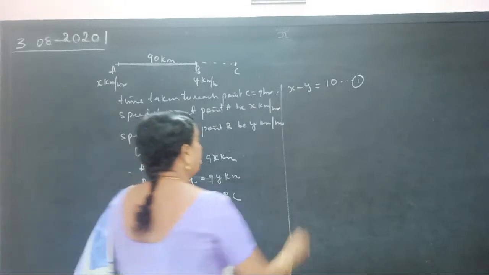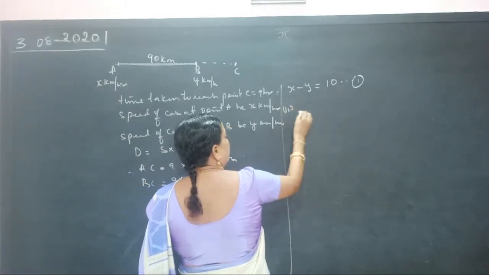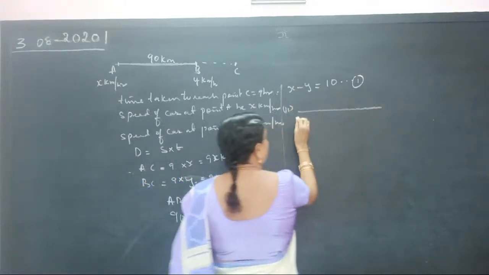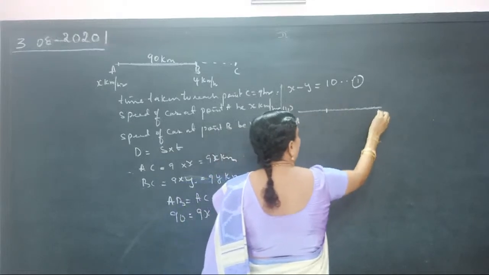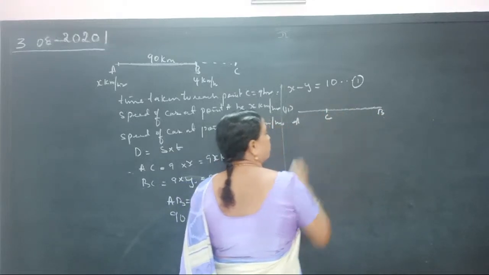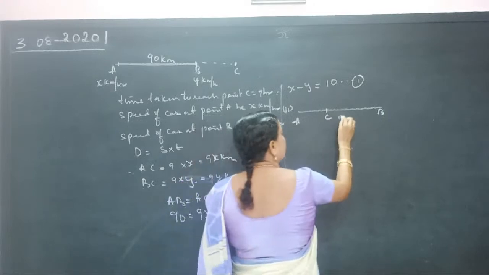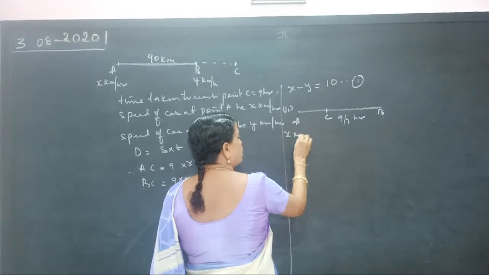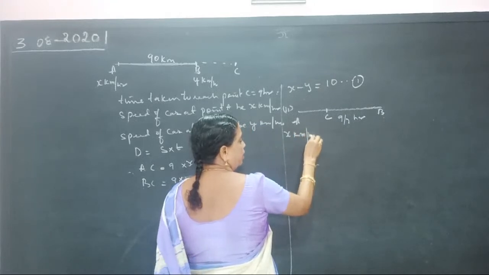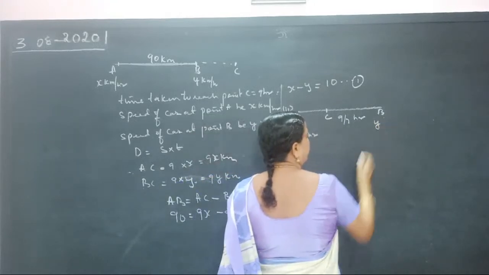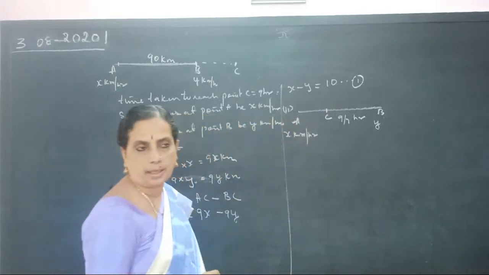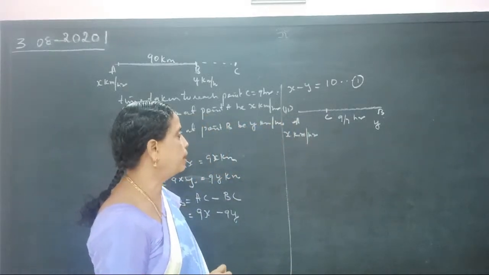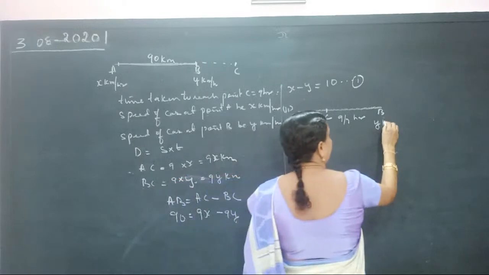Second condition: when they move in opposite directions, that is A to C and B to C, the time taken is 9 by 7 hours. The speed of the first car at A is x kilometer per hour, and the speed of the second car at point B is y kilometer per hour.